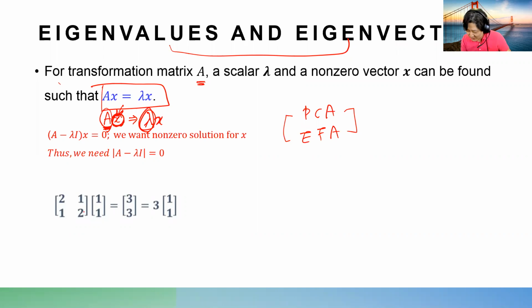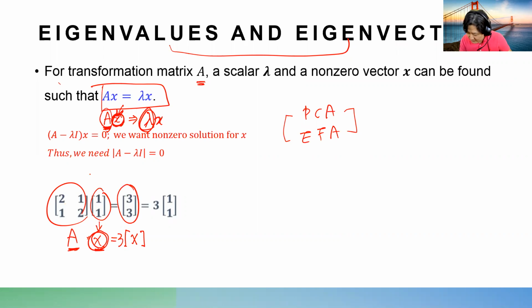Okay, we have some vector, and if we multiply by a matrix, that means we linearly transform this vector, and we get another vector.